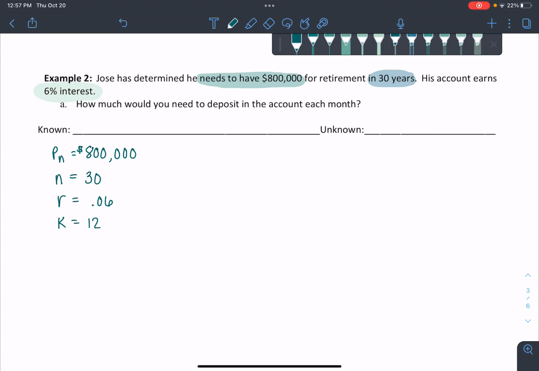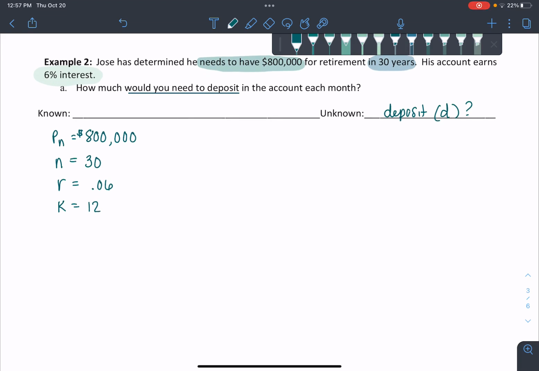And it says, how much would you need to deposit? So what is the only thing we don't have? Deposit. The thing that I don't know is the deposit. That's what we're solving for, okay? So let's write out the formula, get some practice in there.